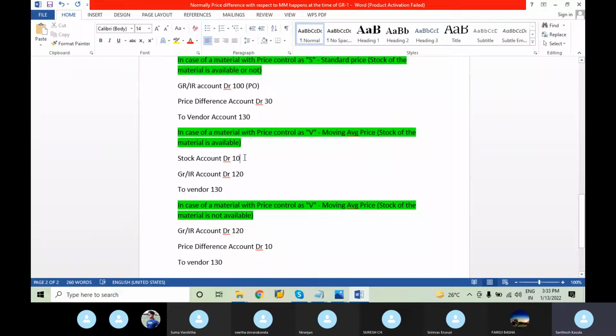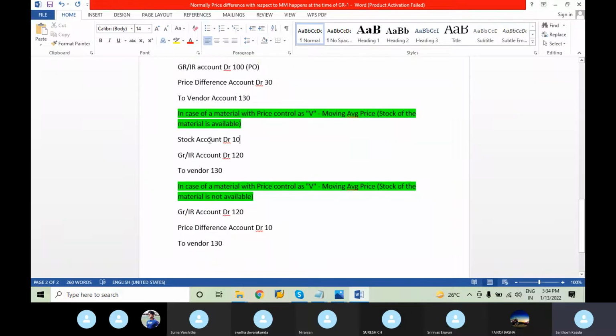The difference is 10 rupees, and we are entering it in the stock account, meaning the inventory account. We are not indicating it as price difference. 120 is the material master record price and 130 is the vendor price. We are not indicating this as price difference. The reason is that we know how much stock of the material is available.